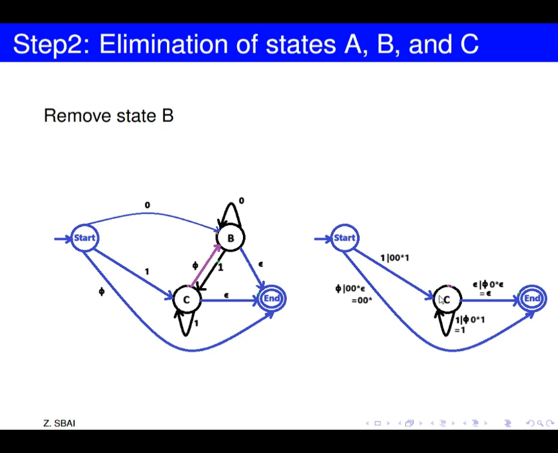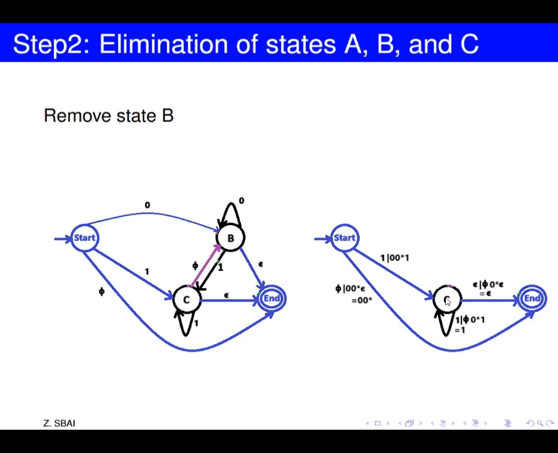From start to C, we will write down 1, union, the way from start to B then to C, which is 0, 0 star 1. And we have no simplification here. For start to end, we will write empty set here, or the way through B, which is 0, 0 star epsilon. And the result here will be simplified to 0, 0 star.